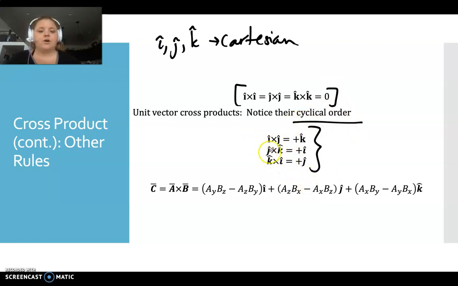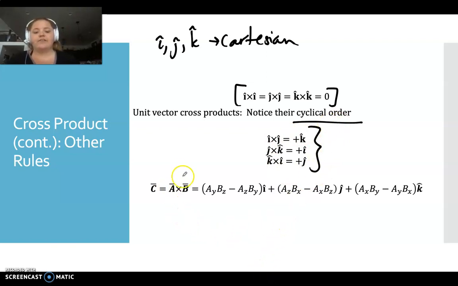If I take this one, for example, to start with, but then move everything over to the left and take i on the other side, now we have j cross k equals i. So just notice that order when taking these cross products.